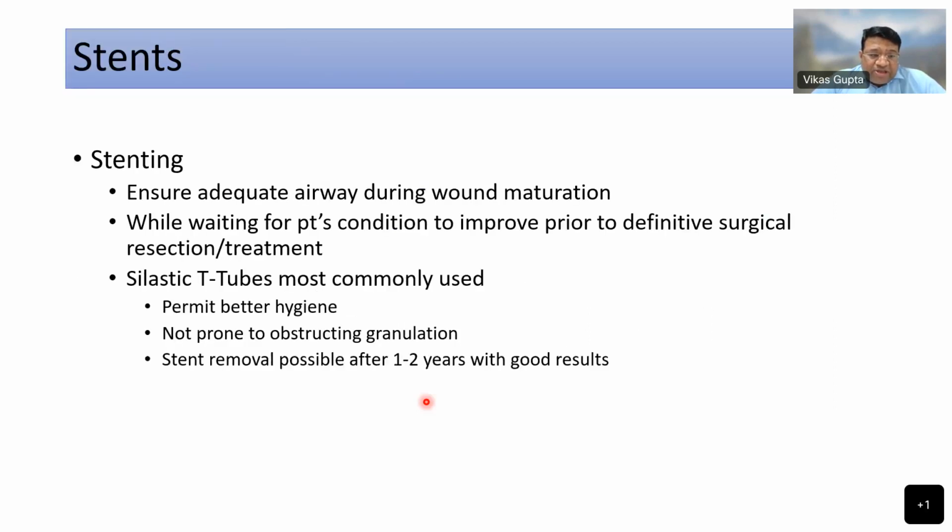As I told, the most common stents which we use are the silastic T tubes. These are made of bioinert material. The body usually does not react to these stents, and they can be kept for longer periods. We usually prefer keeping them for 6 months, but they can be kept up to 2 years without causing any other issue.